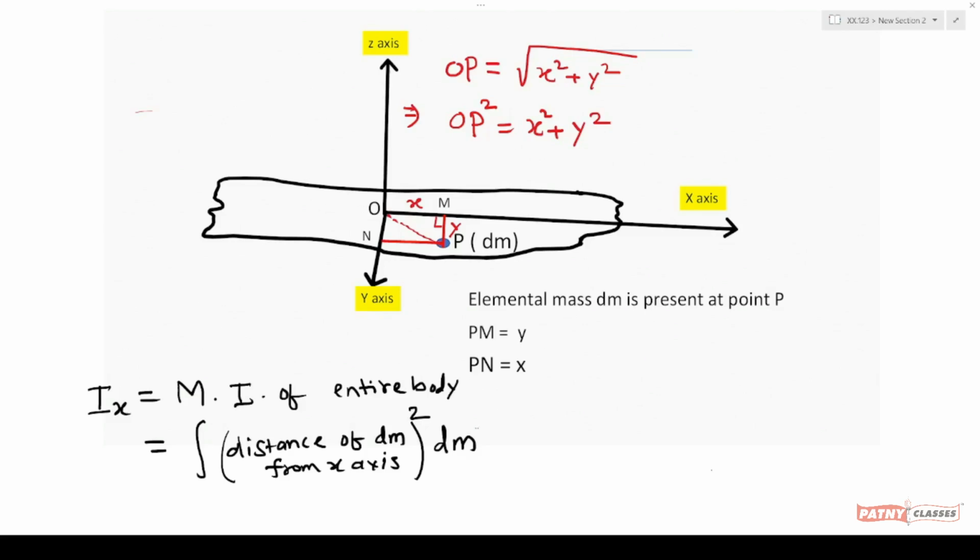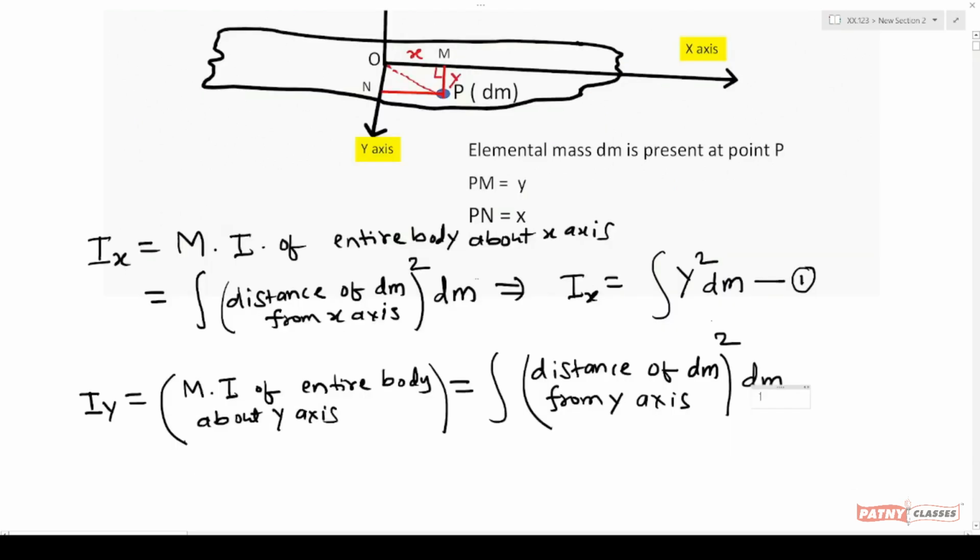Now the moment of inertia of the entire body equals the square of the distance of dm from the x-axis multiplied by dm. Ix equals the integration of y square dm, since the distance of dm from the x-axis is y, that is distance PM. Therefore Ix equals the integration of y square dm. Call it equation number 1.